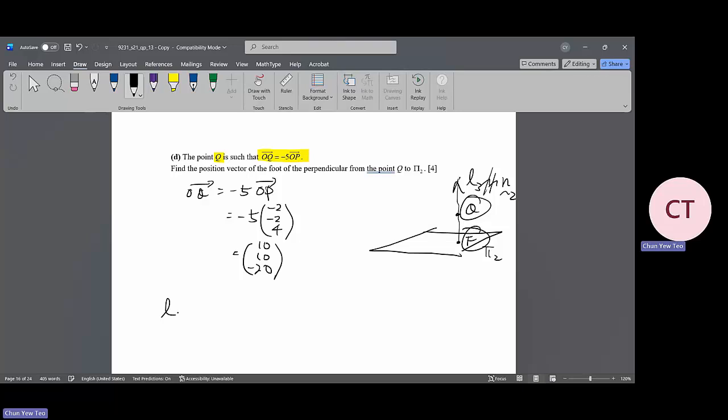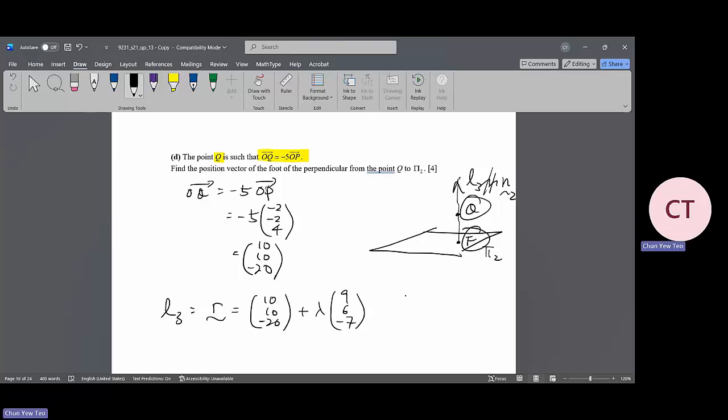So the vector equation of the line L3 is given as r equals OQ plus lambda N2. N2 was (-9, -6, 7).